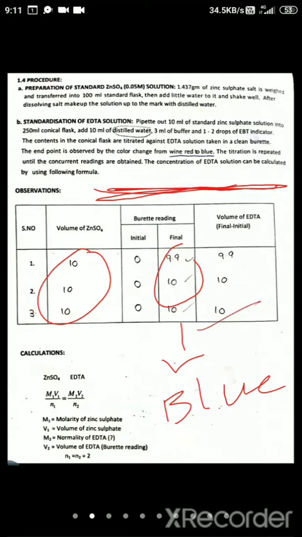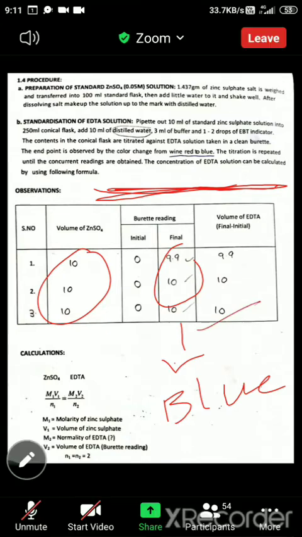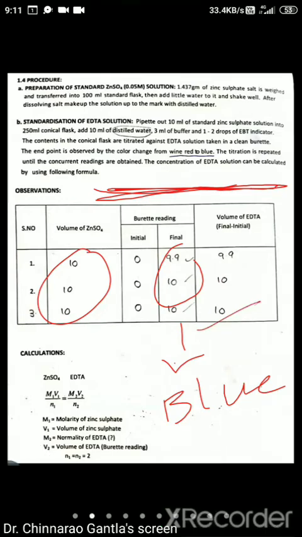Finally, what I am saying: in the conical flask, 10 ml ZnSO4 solution, 10 ml distilled water, 3 ml buffer, 1 to 2 drops of EBT indicator. Four items are added to the conical flask.